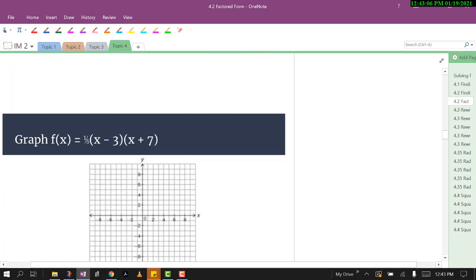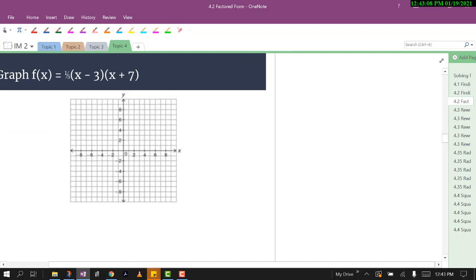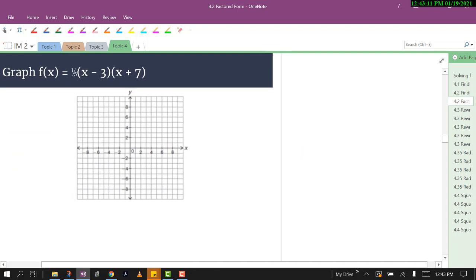Alright, we'll go a little bit slower on the actual examples, of course. Graph f of x equals 1/5 times x minus 3 times x plus 7. So first, our zeros. Well actually, let's write down our steps again. First, set it equal to 0.